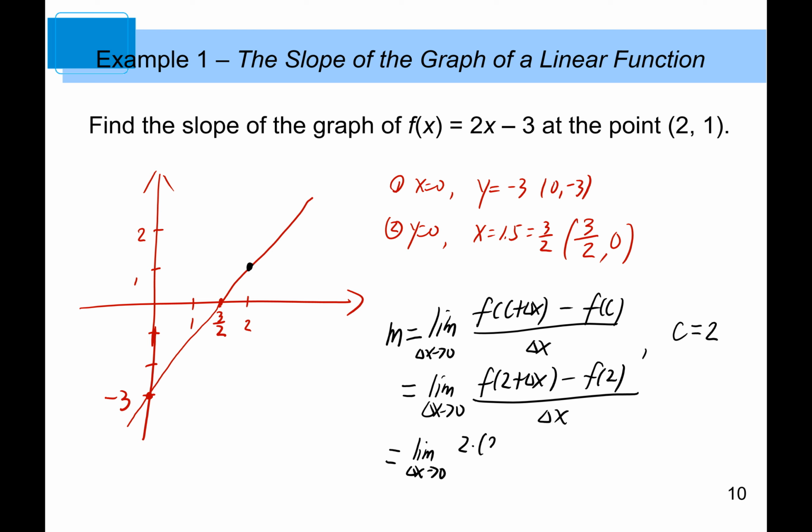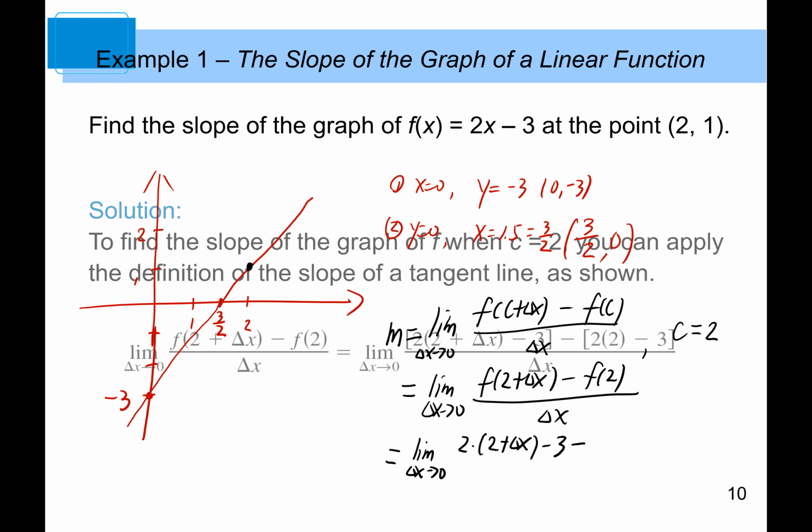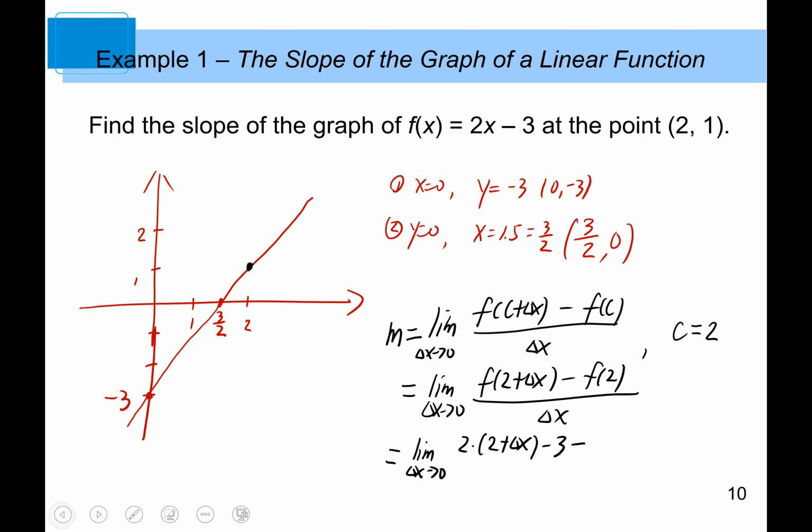Okay, so f of 2 plus delta x is basically 2 times (2 plus delta x) minus 3, minus f of 2, which is 2 times 2 minus 3, over delta x. When you expand, you get 4 plus 2 delta x minus 3 and minus 1.